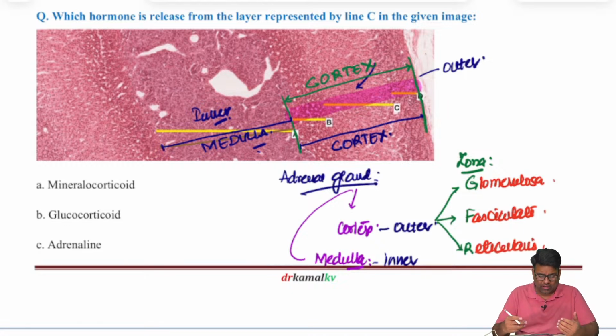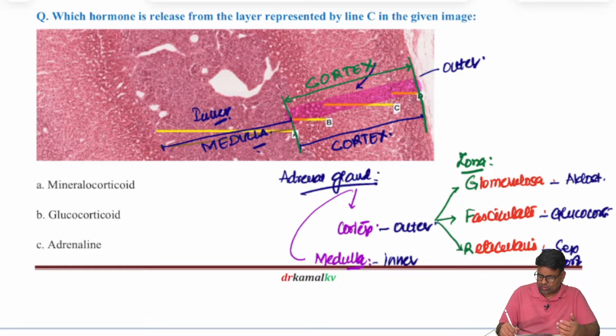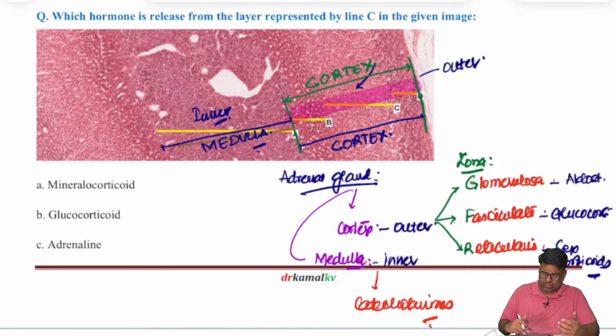Remember the mnemonic ZFR, and what is being secreted here: mineralocorticoids, glucocorticoids, and sex corticoids. Clear? And from the medulla, I think most of you must know that it is the catecholamines, adrenaline and noradrenaline. So this is how we can recall the hormones which are produced from the adrenal gland.